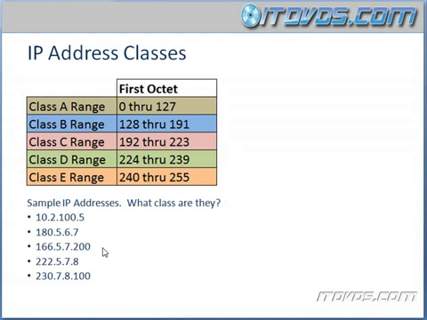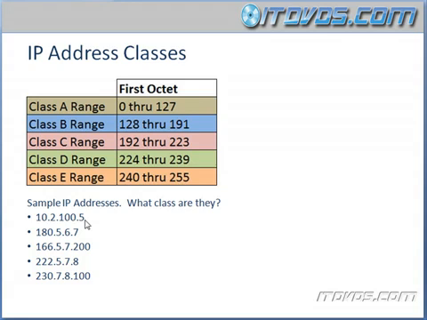IP addresses have classes. You've already probably heard me say a Class C address or a Class B address. Well, what defines the class that the address is in is the first octet. And the first octet is going to be, for example, the number 10. This is the first octet, then a dot, then number 2 is the second octet, then a dot, 100 is the third octet, dot, and then 5 is the fourth octet.